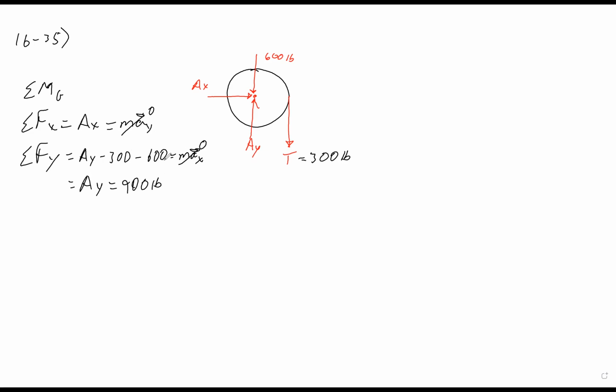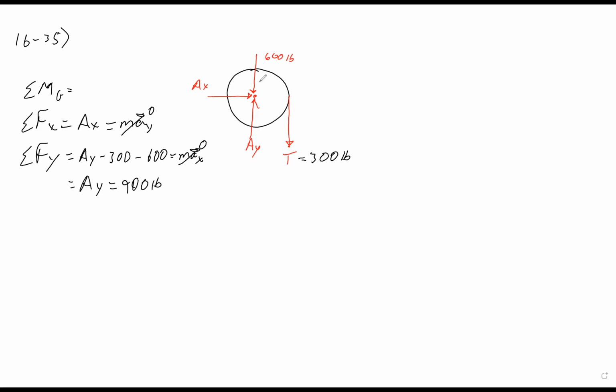All right, great. So the question is asking us in part A to determine the angular acceleration of the cable drum and the time required to rotate the cable drum 3 revolutions. Let's see now what the sum of the moments about G will give us.